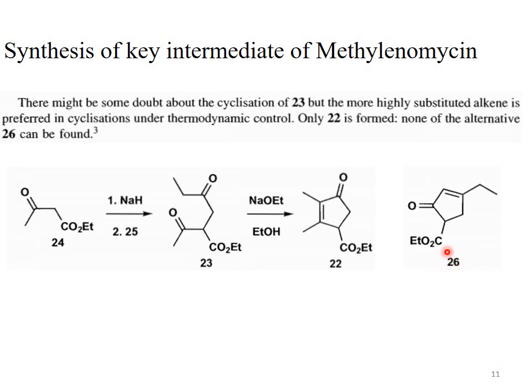For the formation of compound 26, the base will abstract the acidic proton from here. This is the alpha proton, and it converts 23 to enolate, and this enolate attacks the carbonyl carbon, and after losing a molecule of water it gives us compound number 26. So this is not formed because it's a less substituted olefin.